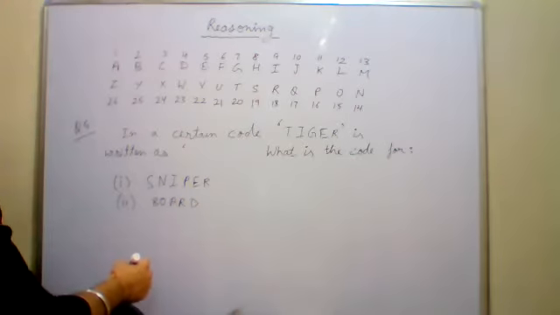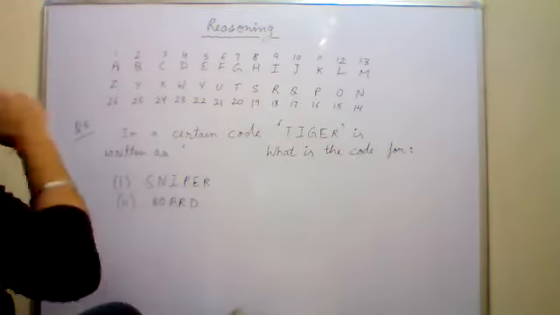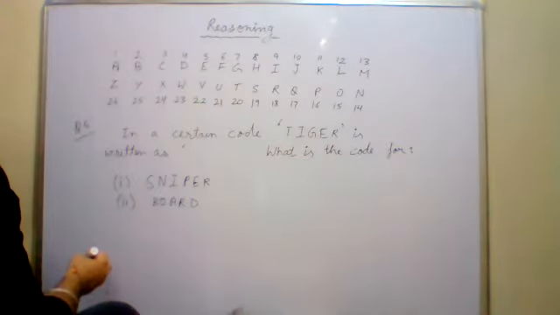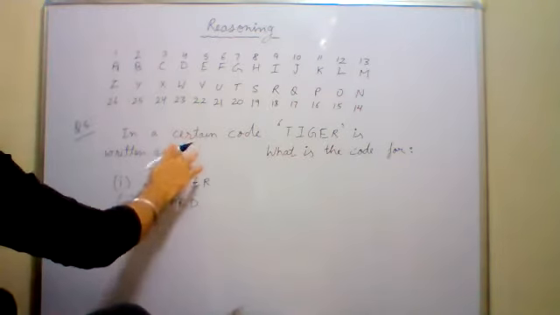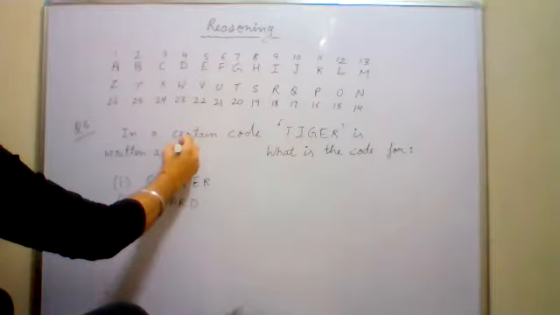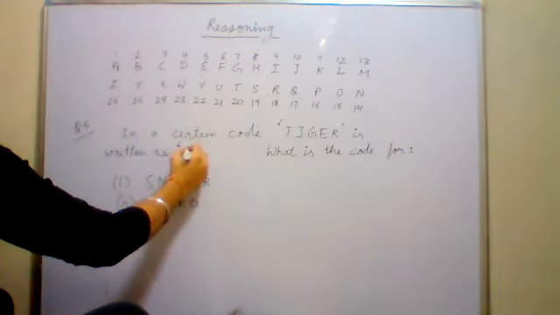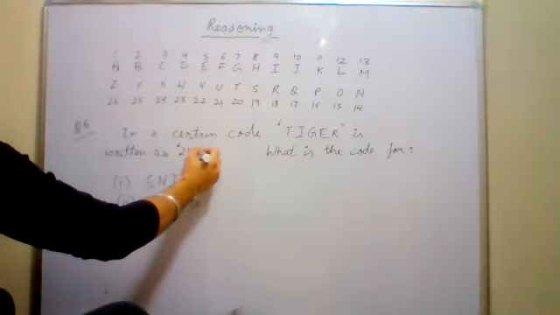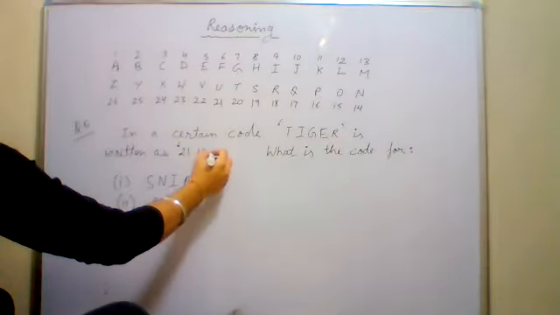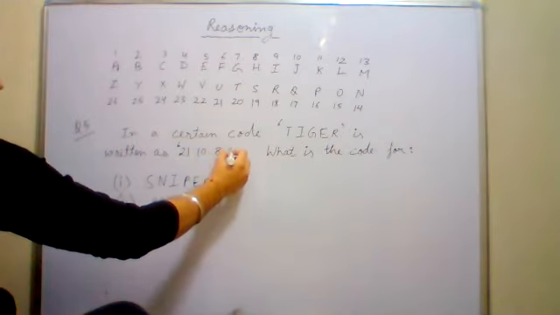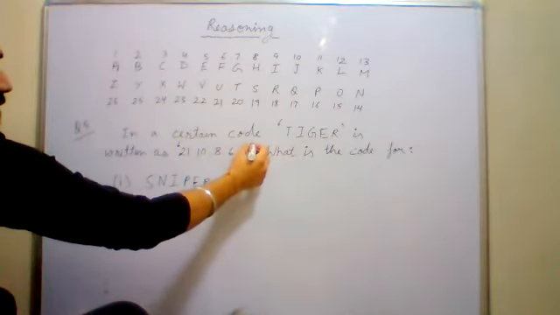Okay. So let me tell you what is the code for tiger. The code for tiger is 21, 10, 8, 6, 19.